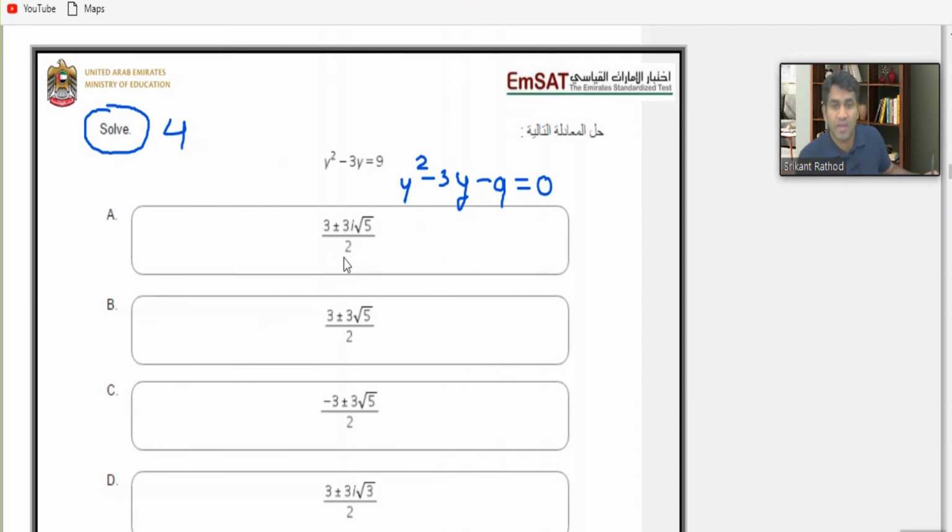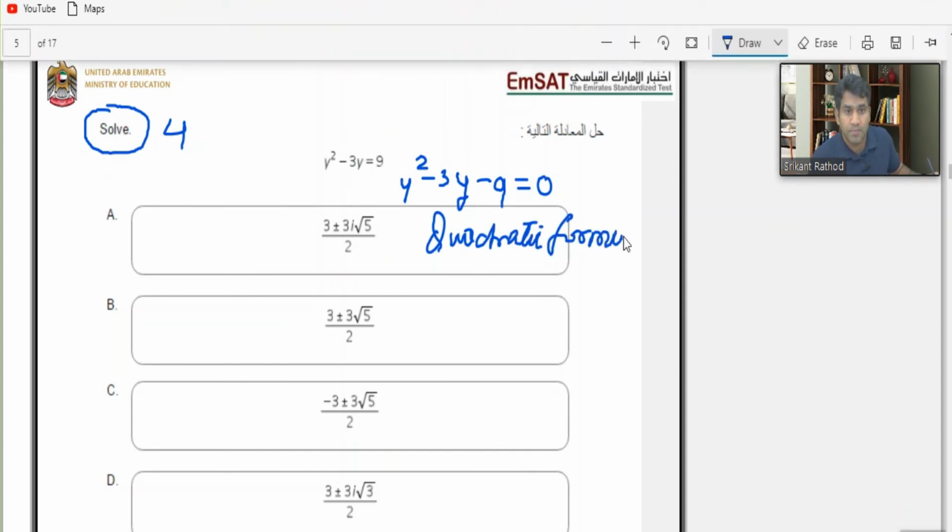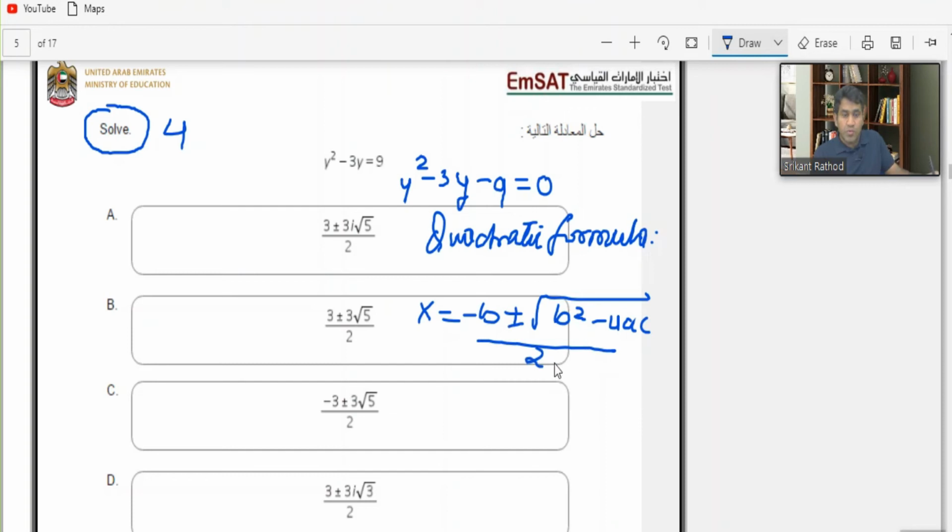Then what I can do, as the options are available in this way, is use your calculator to solve this. You will get the different answers, or you can solve this question by using the quadratic formula. So what does the quadratic formula say? x equals minus b plus or minus root of b squared minus 4ac, this entire thing divided by 2a.